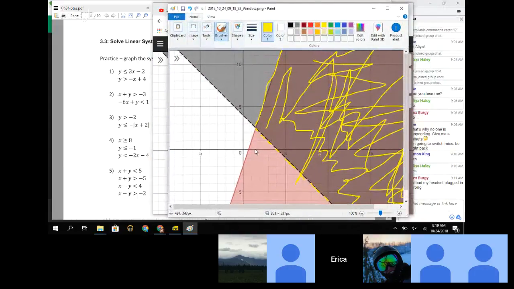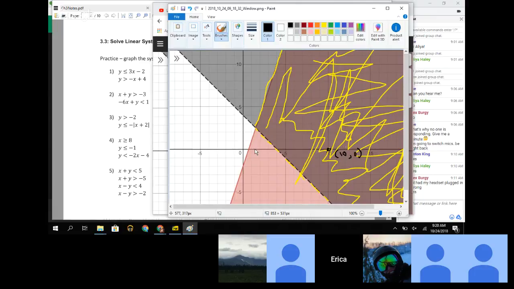All right, so here's a question. When x equals 10, right here down here, when x equals 10 and y equals 0, is that a solution to both of these equations?